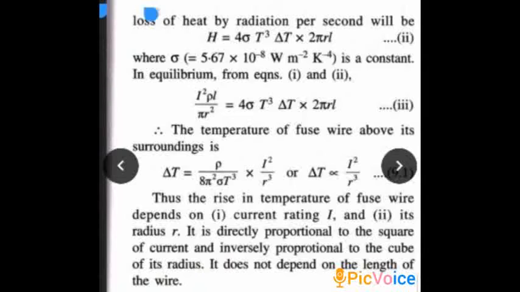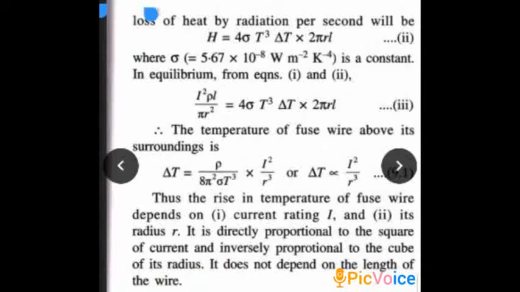Now we will equate both these equations. The earlier equation, I square rho L upon pi r square, we saw that is the heat generated. So that is in the LHS. Heat generated is always equal to the heat lost, and heat lost is H. So equating both, we get this equal to this.